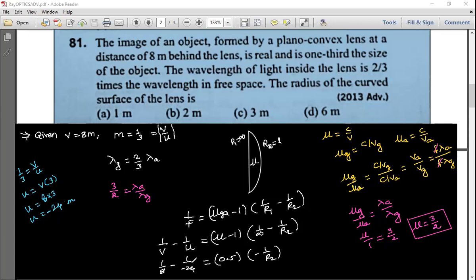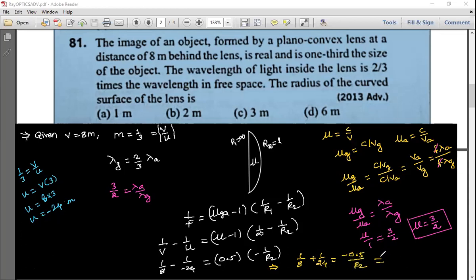Now do this fast. Take LCM. This is plus only. 1 by 8 plus 1 by 24 is equal to minus 0.5 divided by R2.